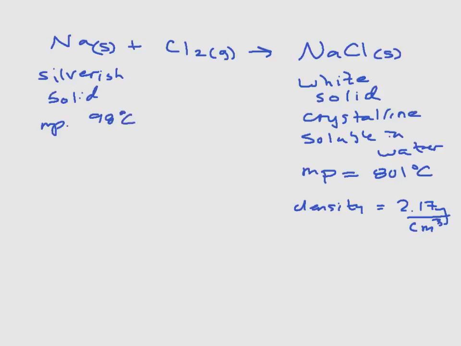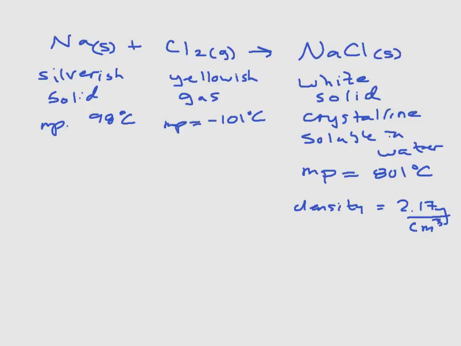Much lower melting point. In terms of chlorine, it's a yellowish gas. Different physical property, its color. And maybe its melting point would be of interest. It turns from a solid to a liquid at negative 101 degrees Celsius.